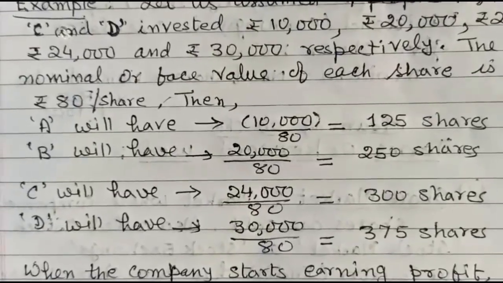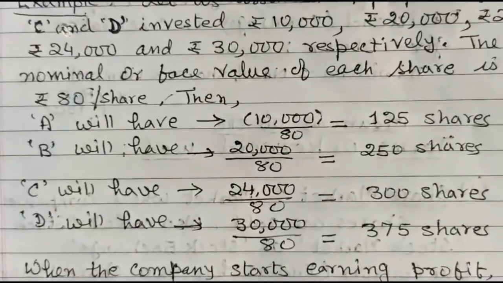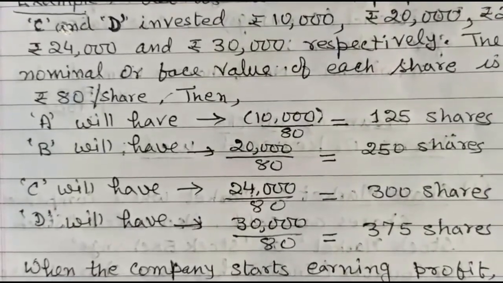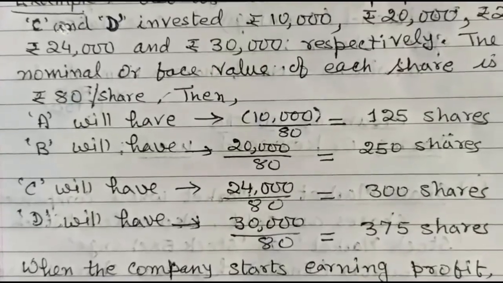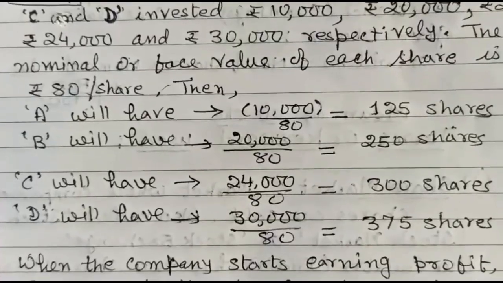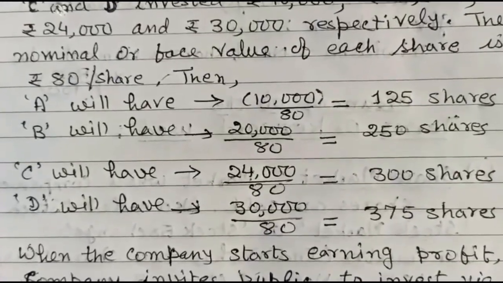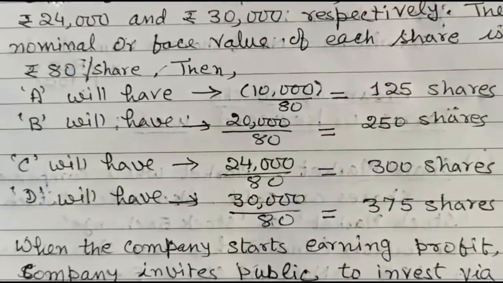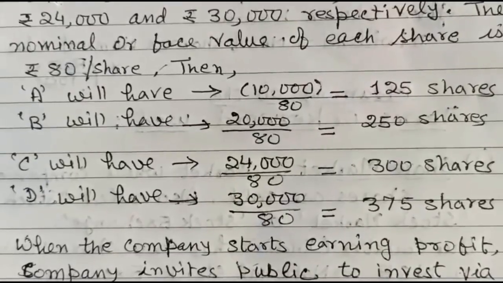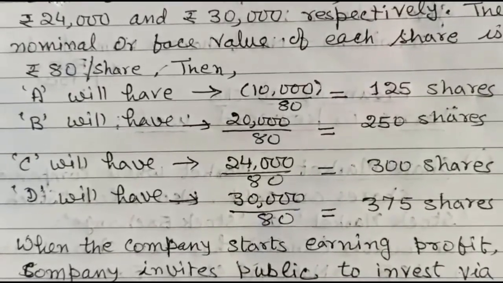B will have rupees 20,000 divided by 80 equals 250 shares. C will have rupees 24,000 divided by 80 equals 300 shares.